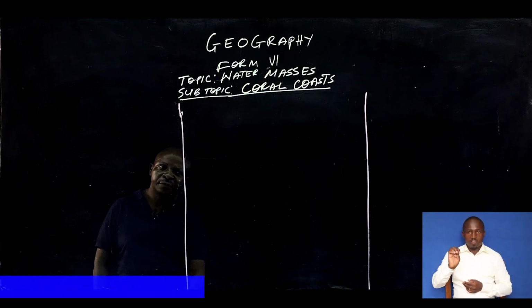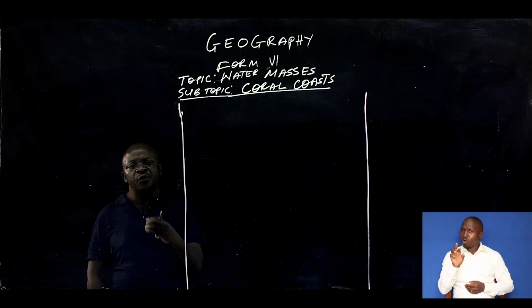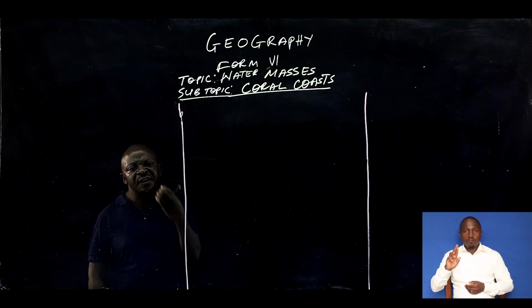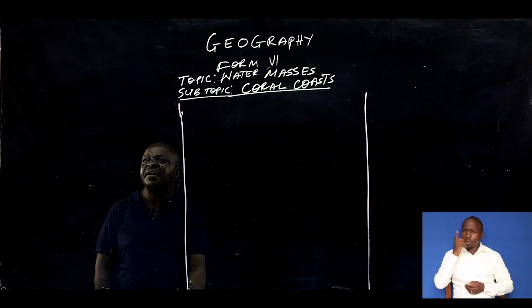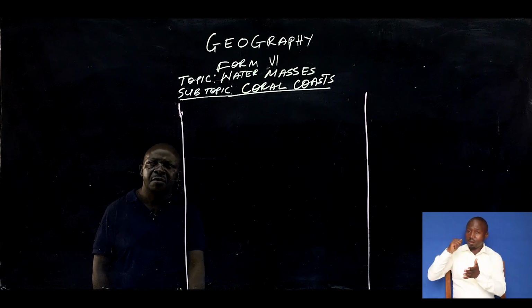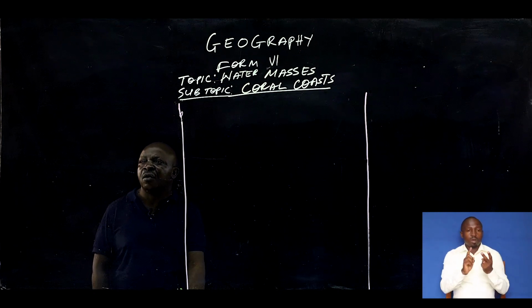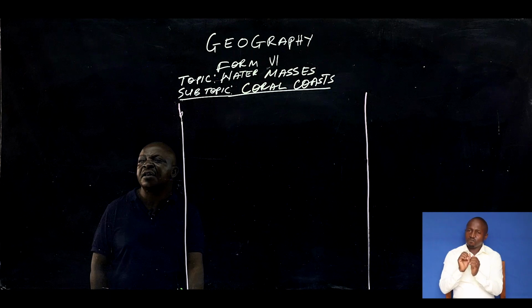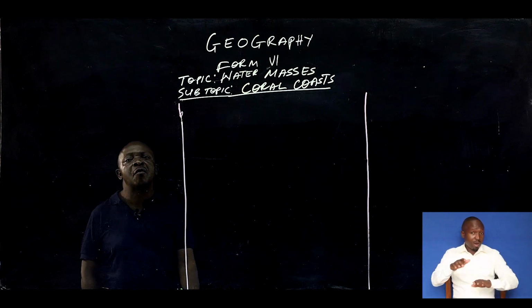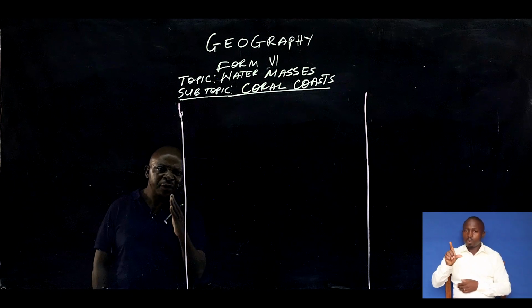My dear students, coral reef, as we consider its outstanding nature, is defined as limestone rock made up of the skeletons of tiny marine organisms called coral polyps. We should have a little reflection here.